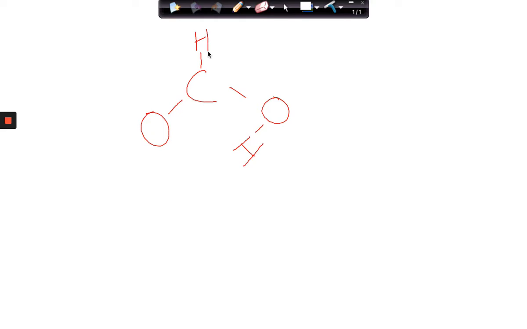Okay, thank you. All right, so guys, as we look at this, we first of all need to realize that we have not completed octets. And when we complete octets, oxygen has got 6 valence electrons, so oxygen loves to form 2 bonds. The other spaces are filled with unbonded electrons. Carbon, on the other hand, loves to form 4 bonds.